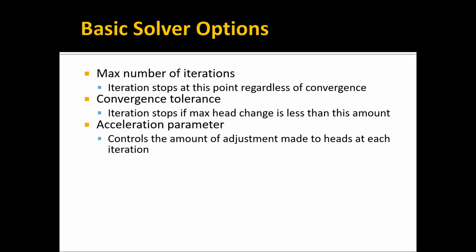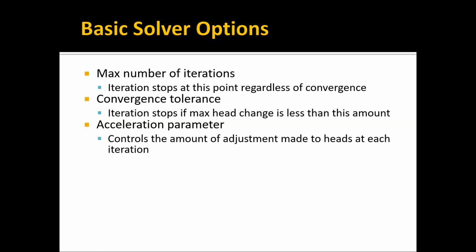And then finally, there's something called the acceleration parameter, and that controls the amount of adjustment made to the heads at each iteration. As I mentioned before, at each iteration, the solver will look at each cell in the grid one at a time and move the head up or down.